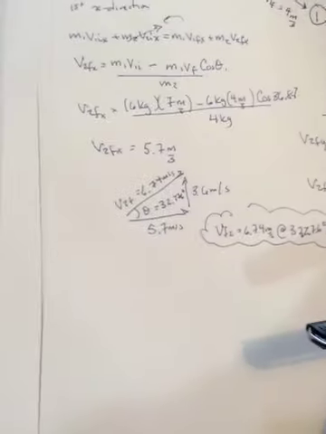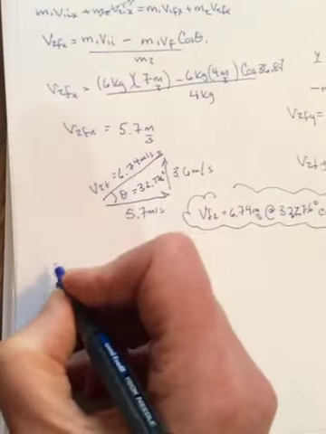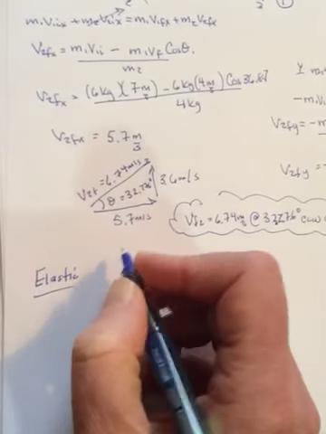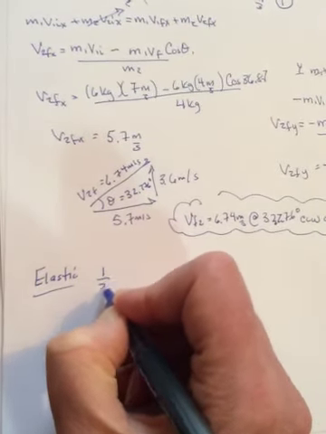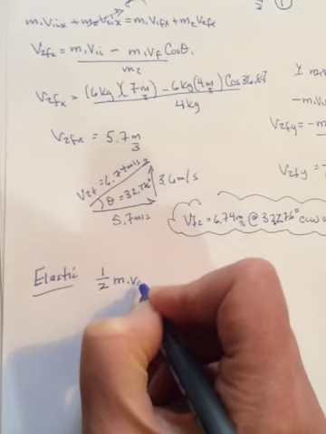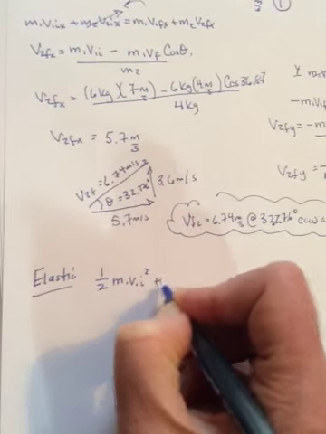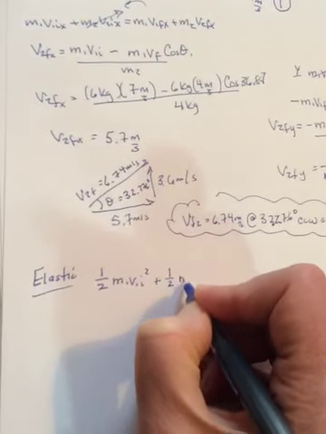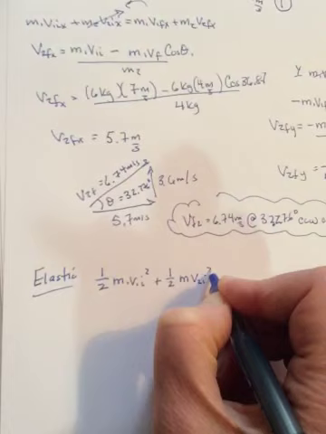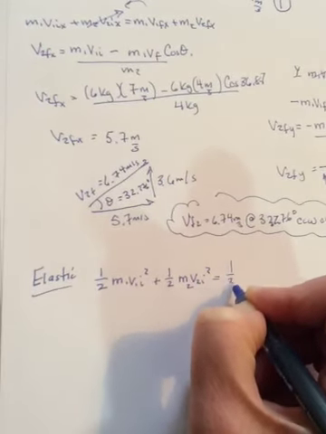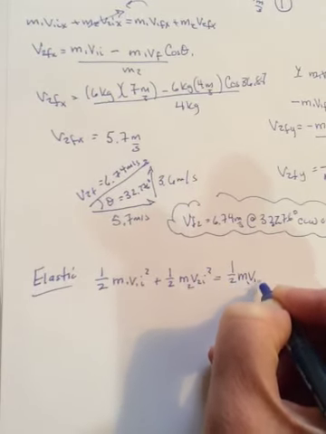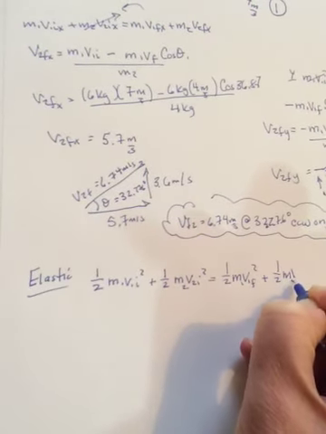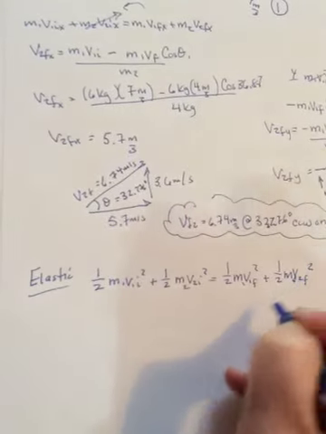But now it wants to know, is it elastic? To find out, we have to use the conservation of kinetic energy equation from grade 11. The kinetic energy of the first one initially, 1/2 m1v1 initial squared, plus the kinetic energy of the second one initially, should be equal to the kinetic energy of the first one after the collision plus the kinetic energy of the second one after the collision.